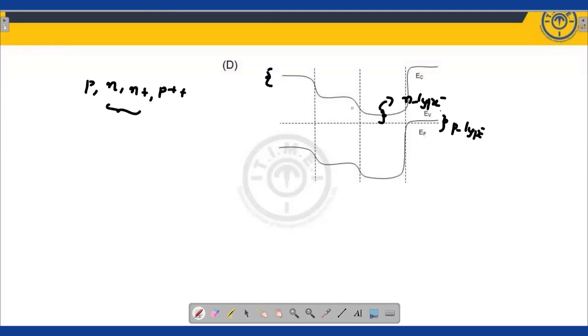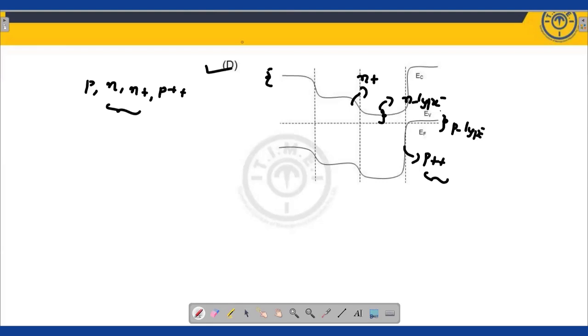Anyhow, it is going for N plus type. And the third one is P plus plus. See, the Fermi level penetrates into the valence band here. Like this. So the option is D, my dear students. Okay, you are going to get the option over here.